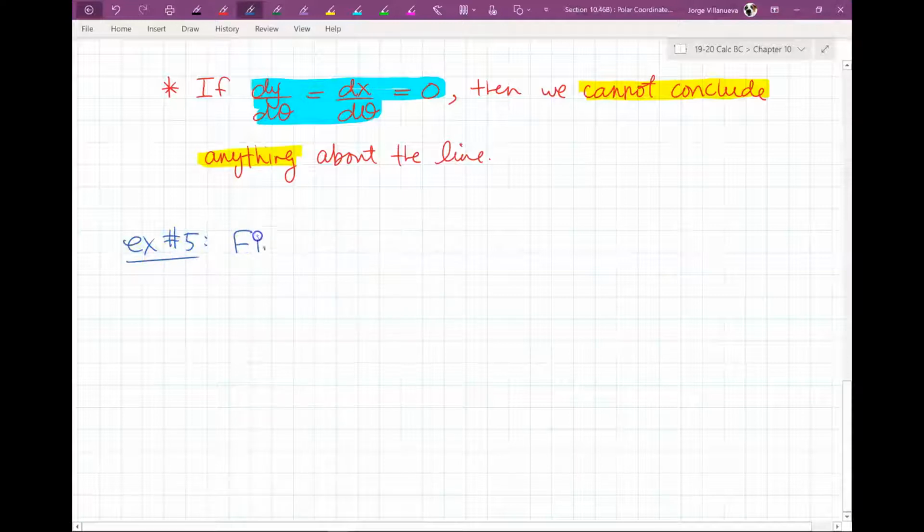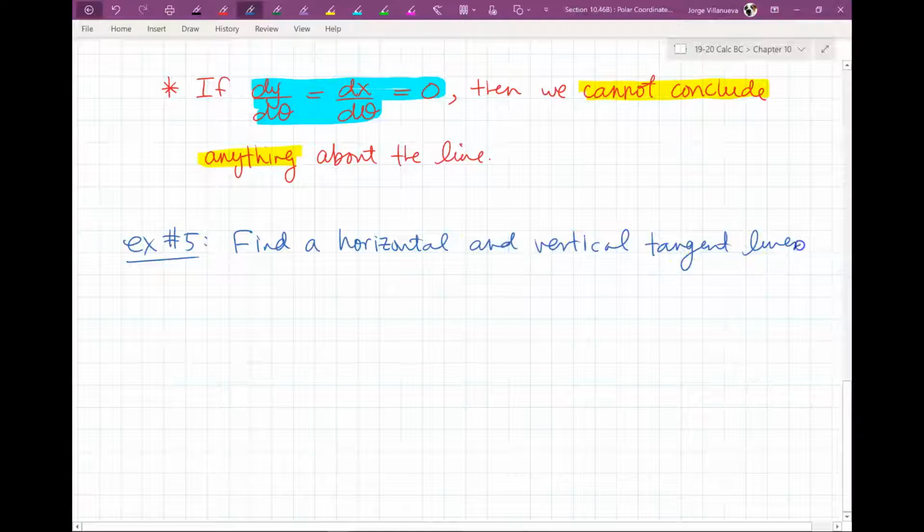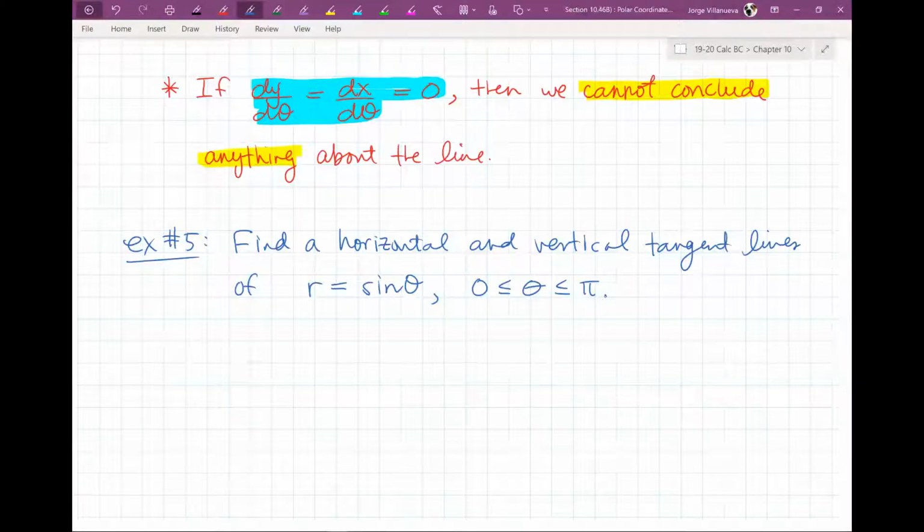Find a horizontal and vertical tangent lines of r equal to sine theta from 0 to pi. All right, so go ahead and write that down, and we'll get started in a bit.